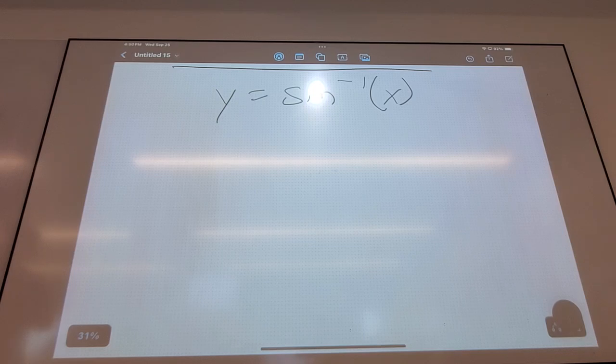What's the very first step, to catch up to you guys? Take the sine of both sides. Okay, good. Just make sure everybody's got the right first step.